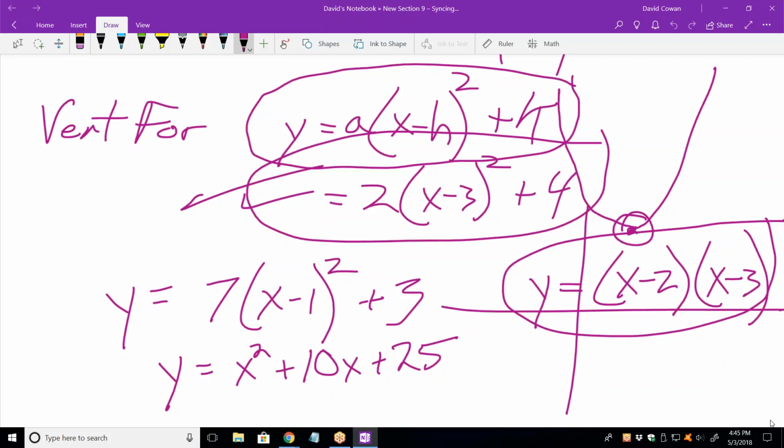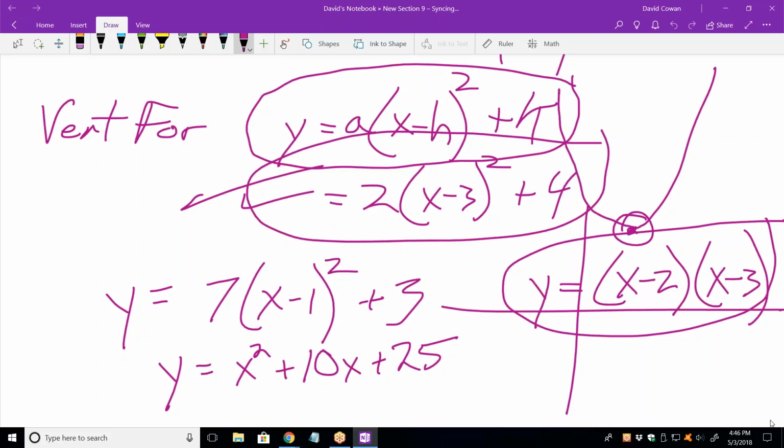Notice where 5 halves is. 2.5. Where's halfway in between 2 and 3? 2.5. That's it. In other words, you find halfway points by adding the two numbers and dividing by 2. Sometimes you don't need to do that. Sometimes you can just look.